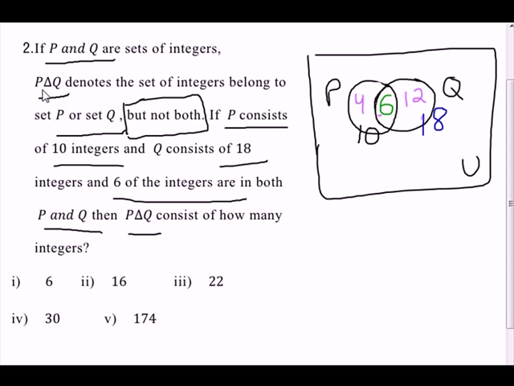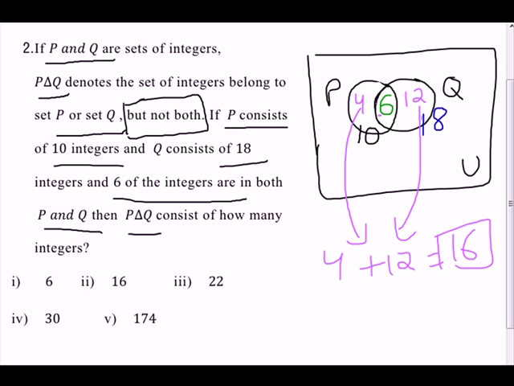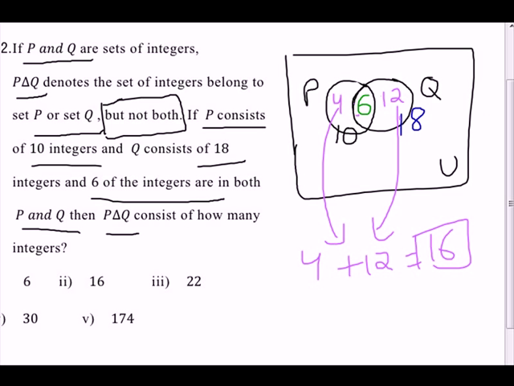Essentially what we want is P triangle Q, the number of integers that belong to P or Q but not both, which is equal to 4 plus 12, 16. And do we have any answer choice which is 16? Great. So the answer is 2.